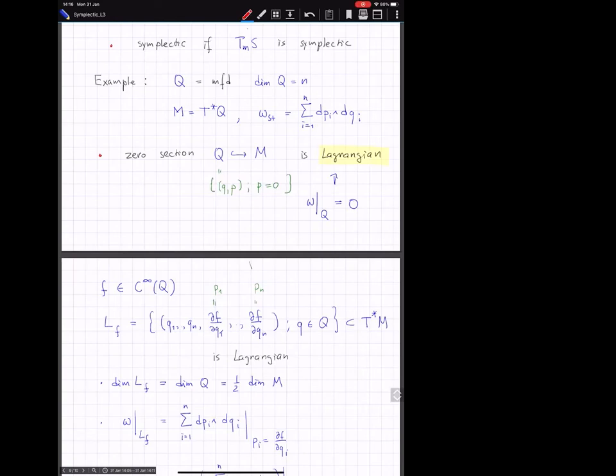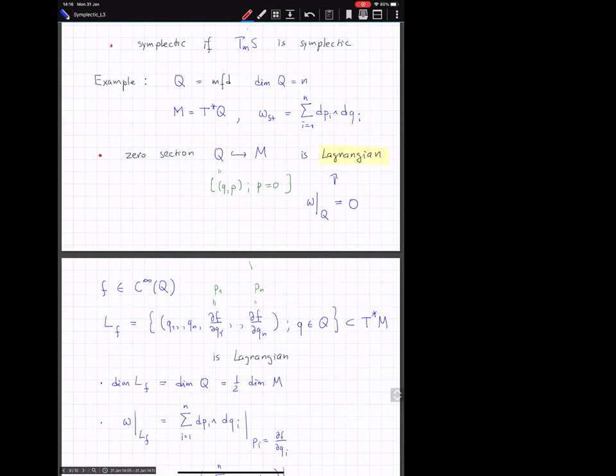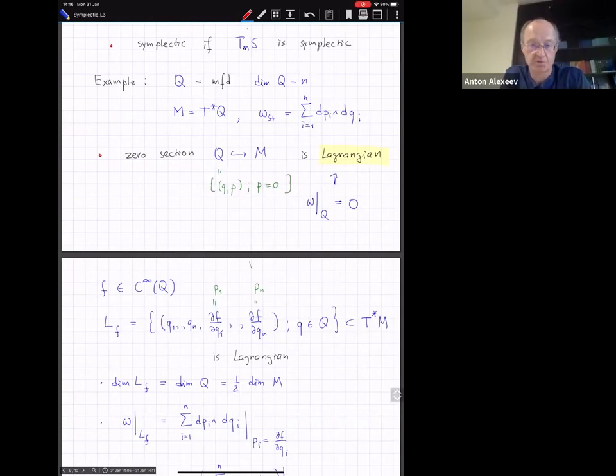Sorry, what do you mean by fixing q? No, but I mean you have a cotangent bundle, right? Yes. So let's take a cotangent fiber, which means that I choose a point on the base, I choose a point of the manifold Q, and I'm looking at the fiber. The cotangent bundle is a vector bundle.